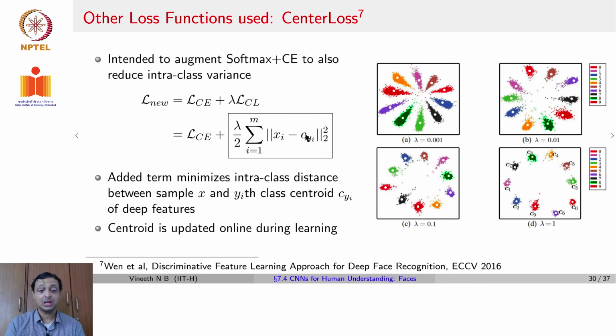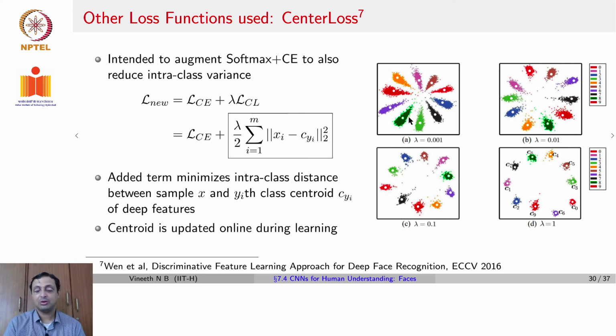So these centroids are also updated online during learning as you keep training over different iterations. You get these centroids based on the representations in each particular iteration over training, and in that iteration we try to ensure that the representations are close to the centroid of that particular class.